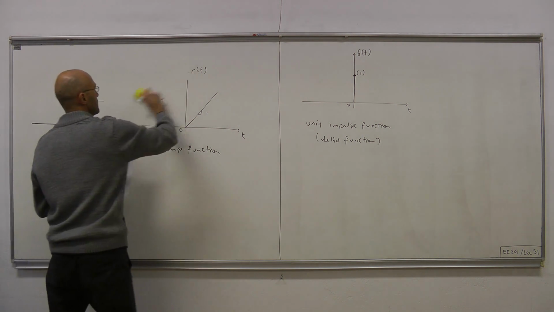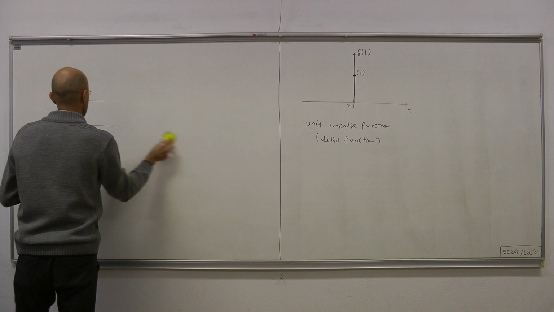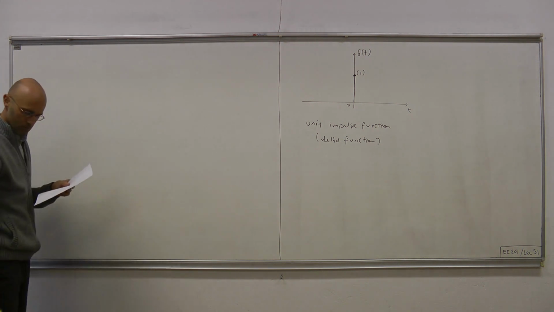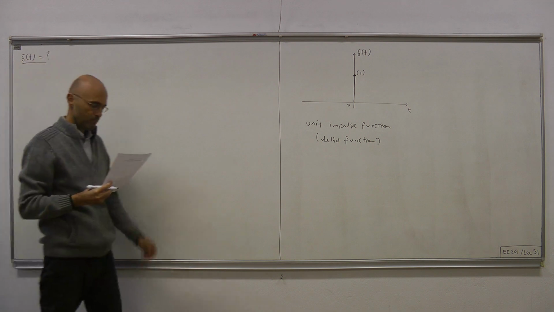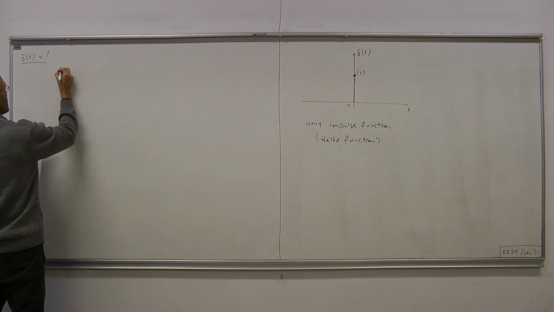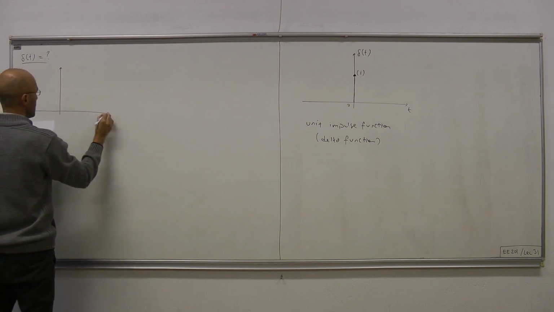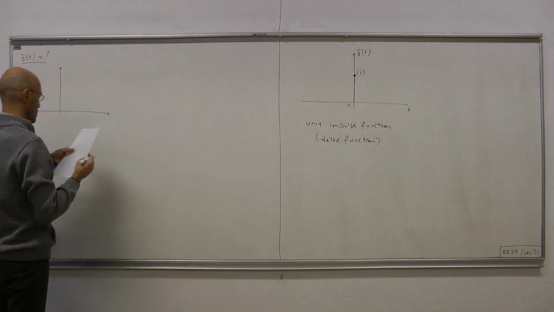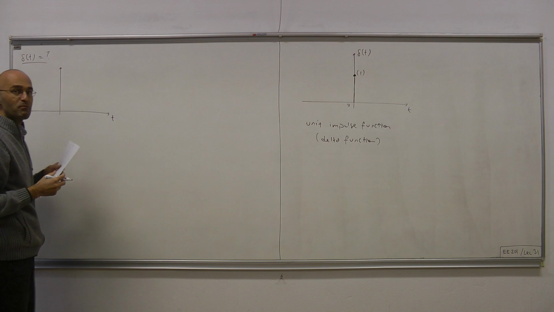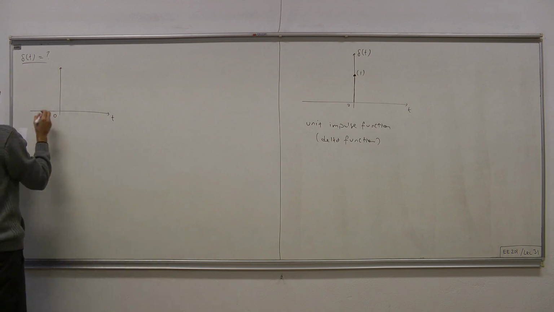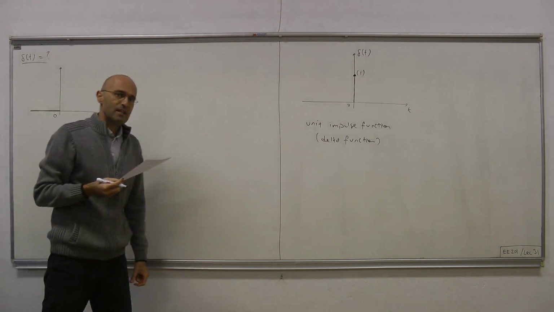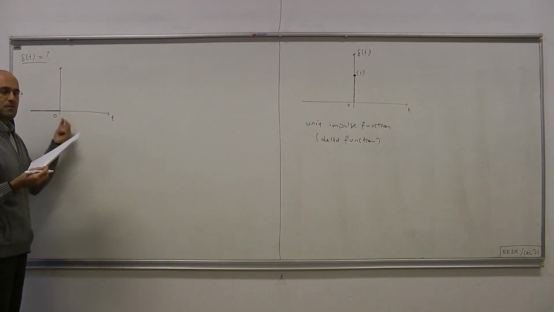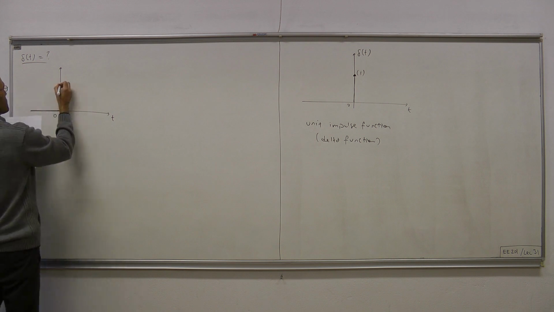So we now have to get a better understanding of the delta function. What is really the impulse function? One way to visualize it is through a limiting process. Consider the following so-called pulse function, which is 0 for all negative values of t, and for a small interval around the origin, it's constant at some non-zero value.